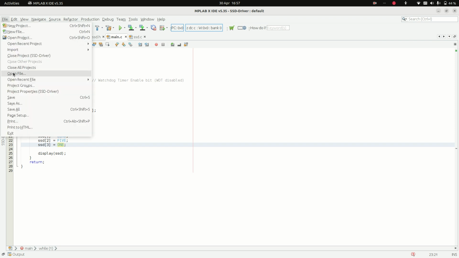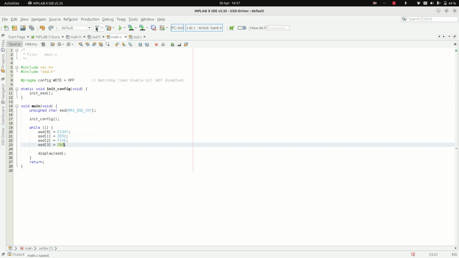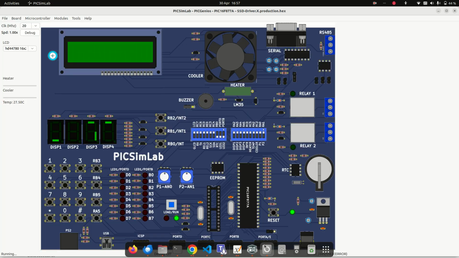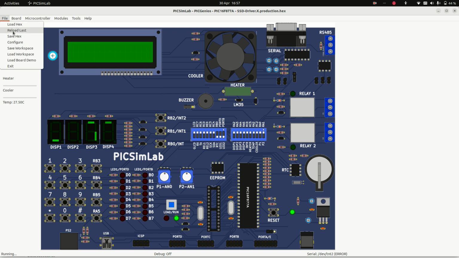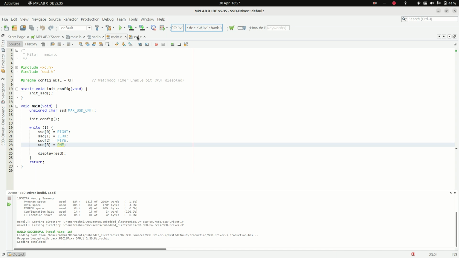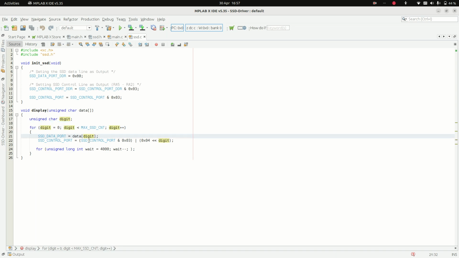Okay, so click save, then click build. Now the build is successful. Come to the PICSimLab simulator, click reload last. Now here you can see 8051, but there is still a delay, right? So what do we need to do? We need to change the value of the delay.